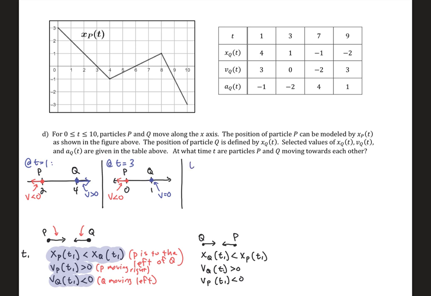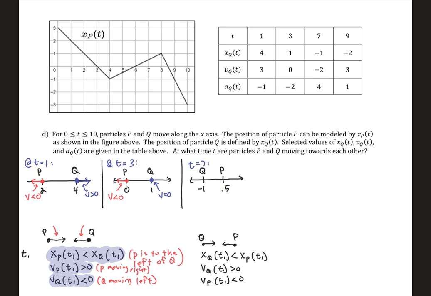Okay, so the next time, t equals 7. Looks like the position of P is about a half, and then the position of Q is -1. Gotta put the -1 over here and the 0.5 there. So this is the first one where Q is to the left, since Q is at -1 and P has a 0.5 position.